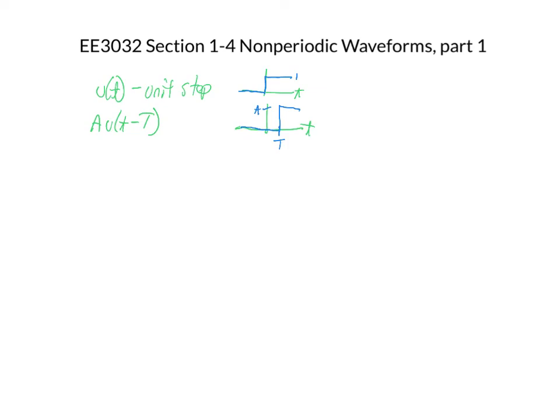So now we can build these up further. For example, let's say that you are given this waveform. And let's say this happens at -4 seconds, -2 seconds, and 1 second.